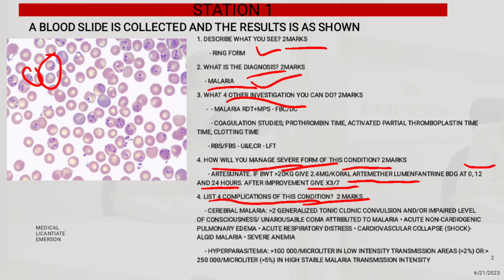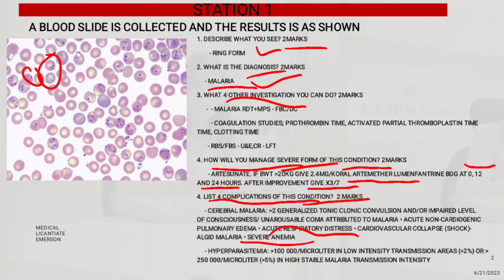So these 4 complications: you can have cerebral malaria, which is more than 2 generalized tonic-clonic convulsions and/or impaired level of consciousness, unarousable coma attributed to malaria. You can have acute non-cardiogenic pulmonary edema, acute respiratory distress, cardiovascular collapse or shock, and severe anemia.